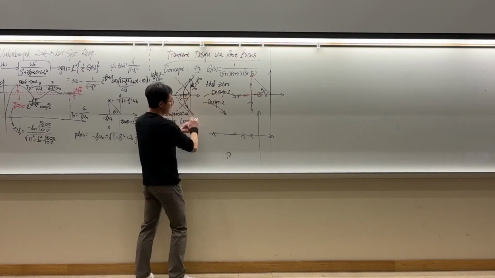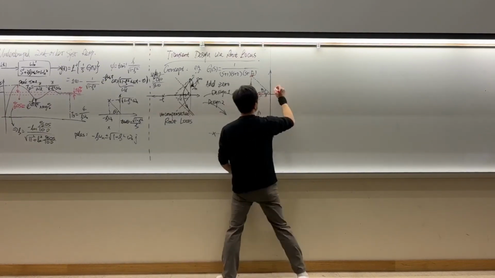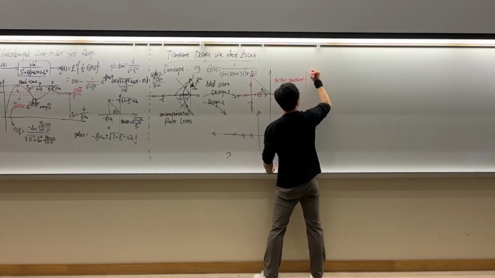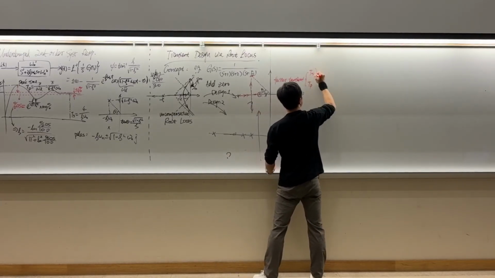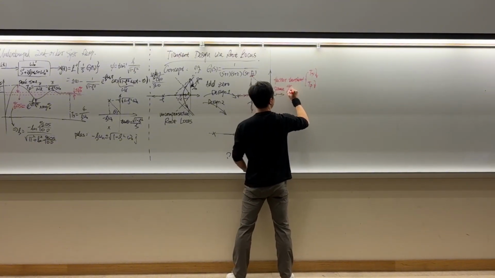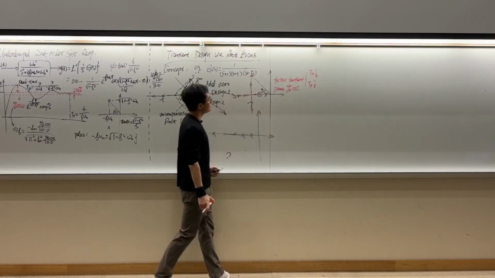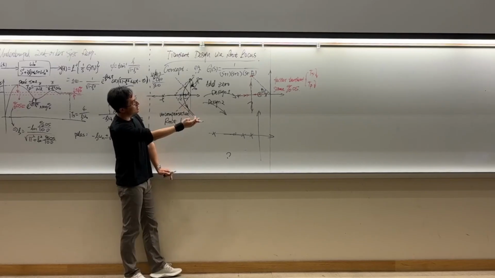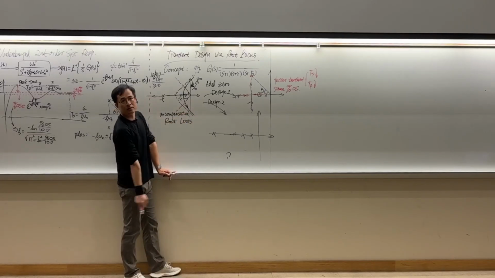So with this design, we're going to have a faster transient, which means settling time and peak time both reduce, as well as the same percentage overshoot. So that's how, just by adding a 0 using root locus, you will know these benefits immediately.